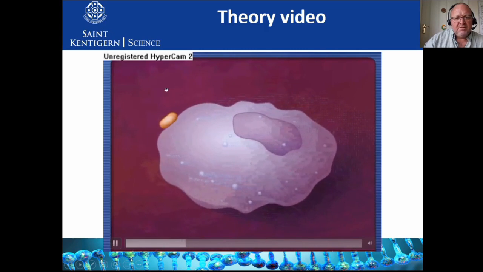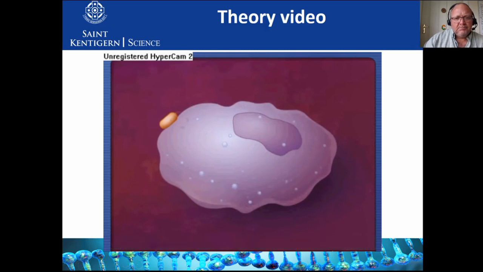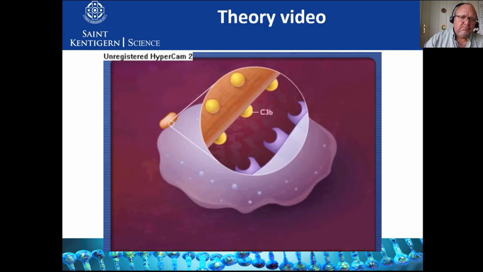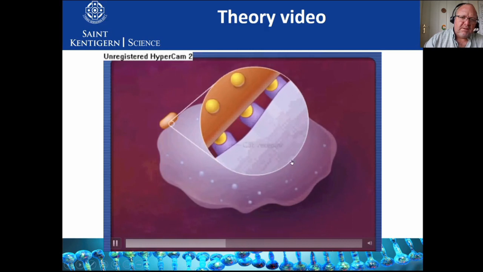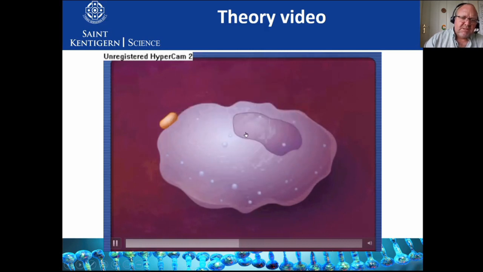The attachment is mediated by a variety of surface receptors, including antibody, lipopolysaccharide, and complement receptors. For example, the C3b component of complement coats bacteria or other particles and then binds to C3b receptors on the phagocyte. This process of coating to enhance phagocytosis is called opsonization.